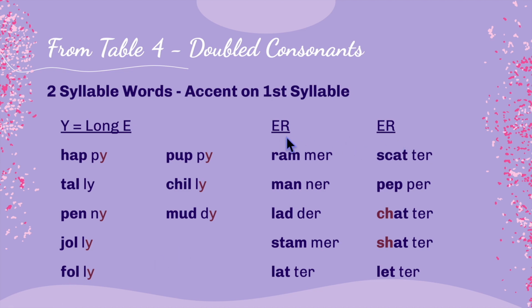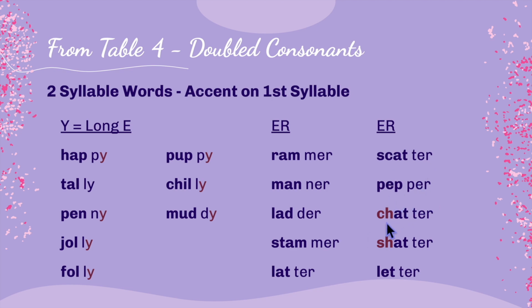All of these words end in ER, which has the sound of er. Again, these words all have a first syllable that is accented. Rammer, manner, ladder, stammer, latter, scatter, pepper.